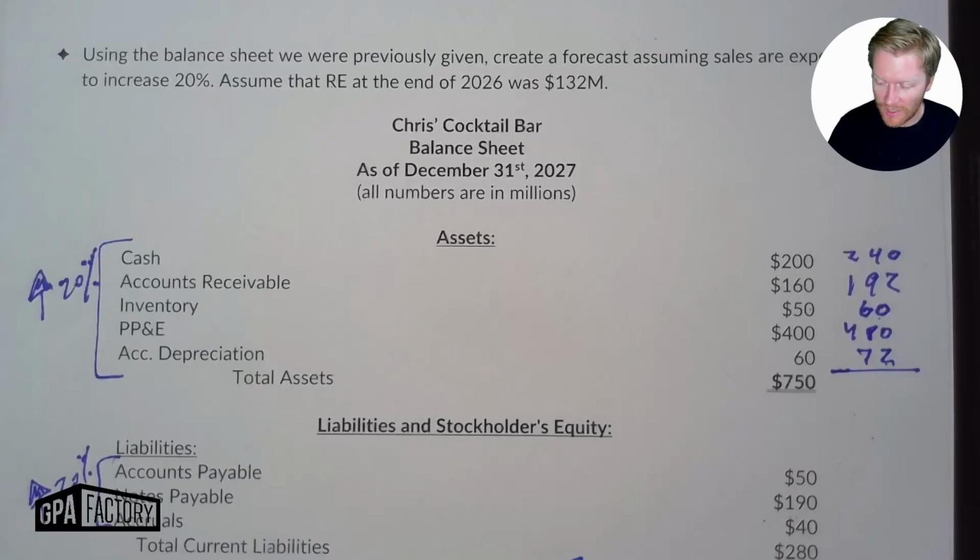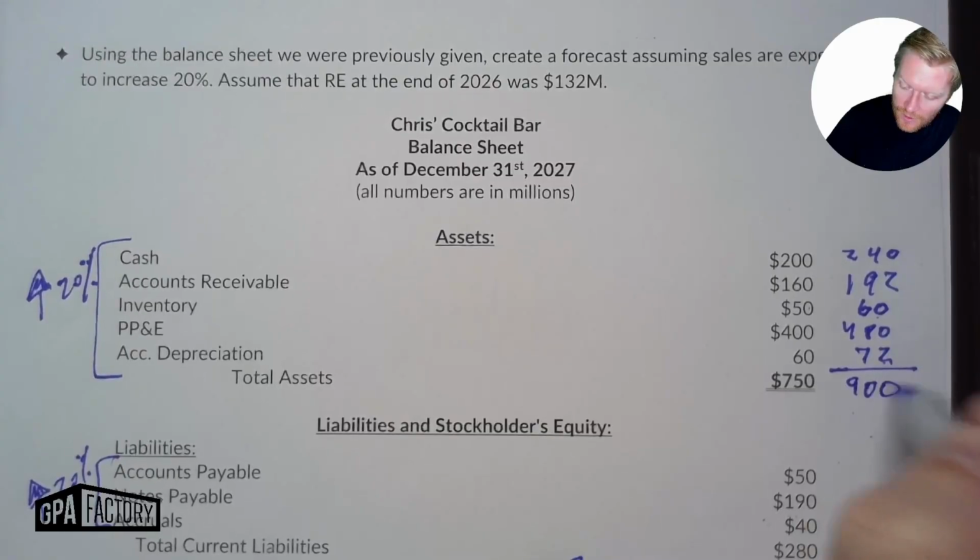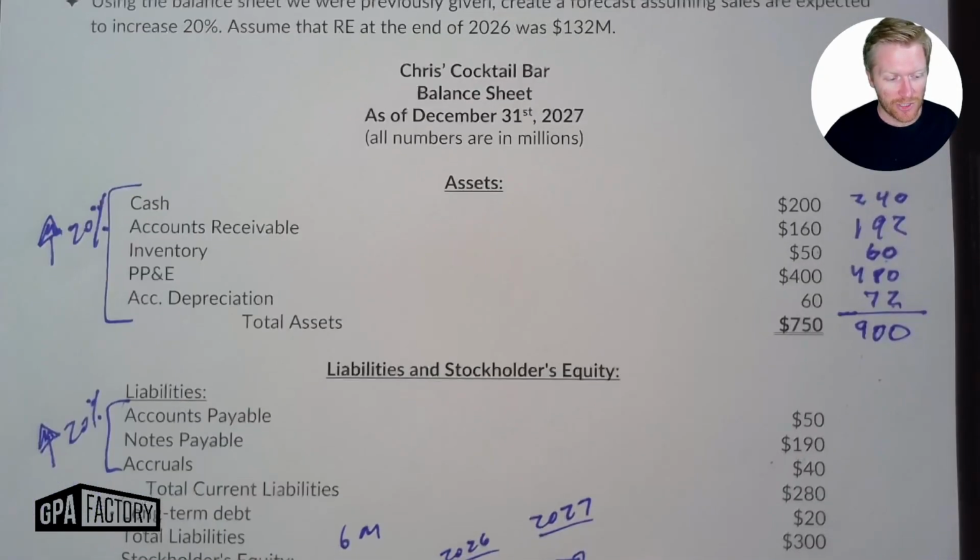So our total assets, 240 plus 192 plus 60 plus 480 minus 72, is 900. Okay, so we have 900 as our total assets.